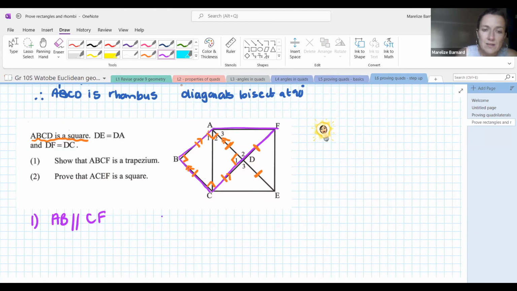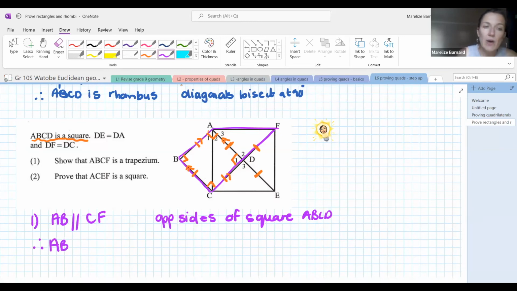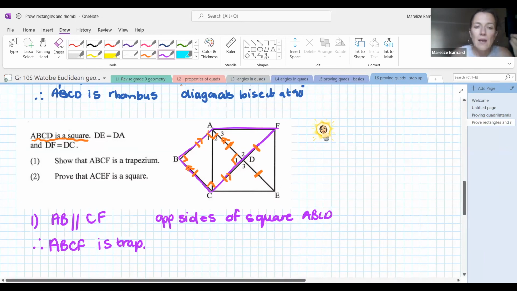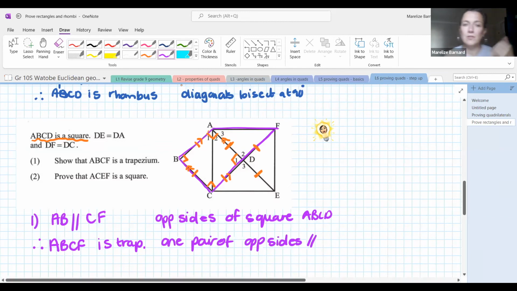Why? Because of the opposite sides of the square ABCD. And therefore, since we now have that key characteristic of the trapezium, ABCF is a trapezium. One pair of opposite sides parallel. Great.